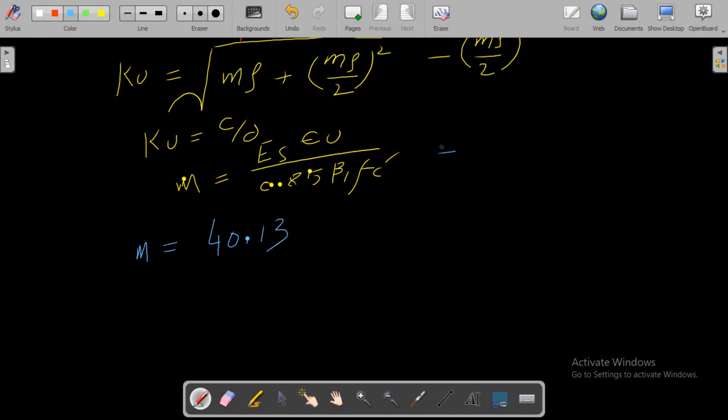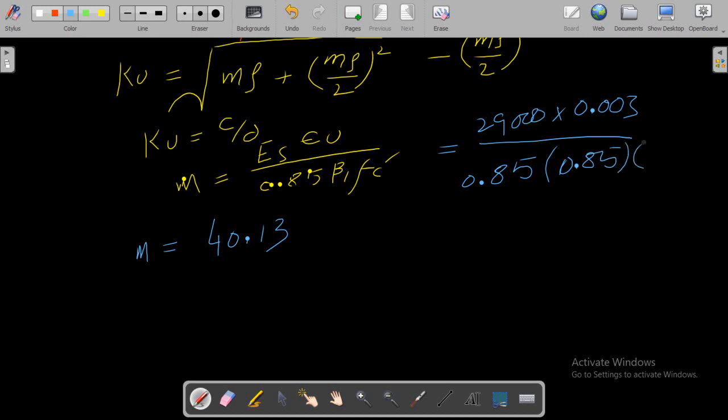Let me show you the values. 29,000 ksi times 0.003 divided by 0.85 times 0.85 divided by fc prime, that is 3, right? So from this you will get this result.